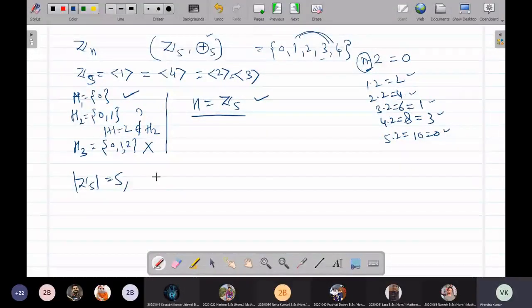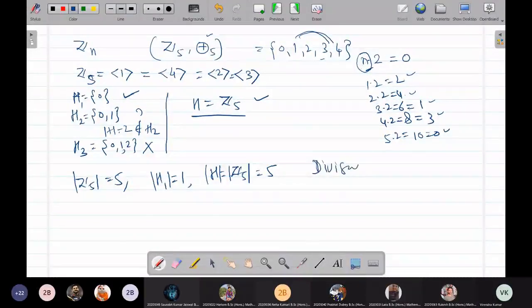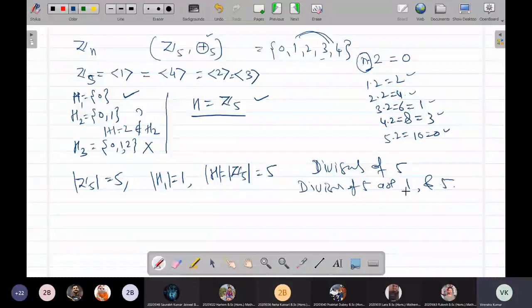The order of H1 is 1, and the order of H2, that is Z5, is 5. Both are divisors of 5. The divisors of 5 are 1 and 5, so the divisors of 5 essentially give the orders of the subgroups.